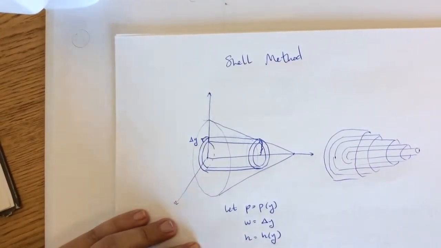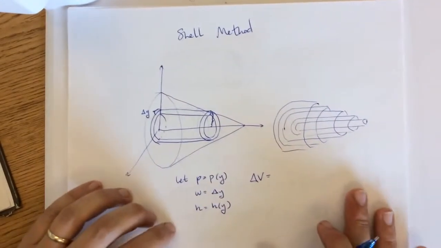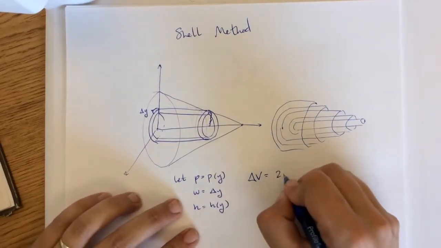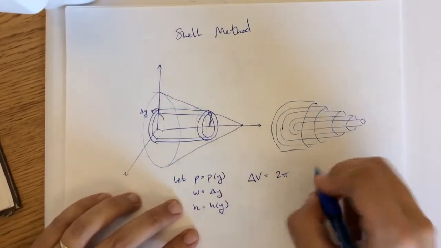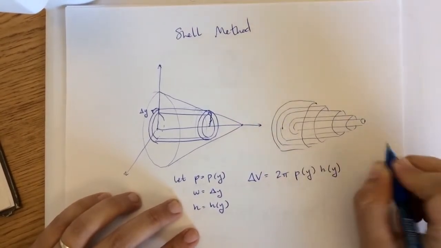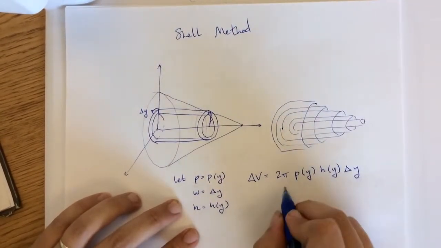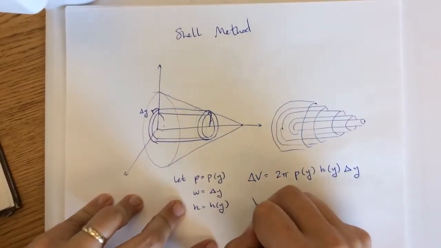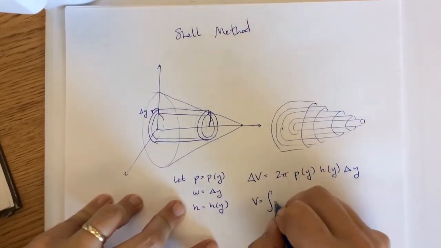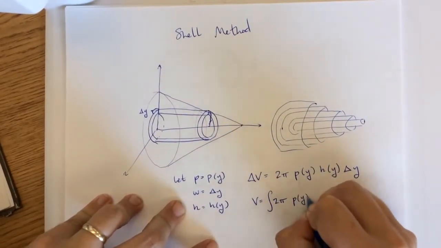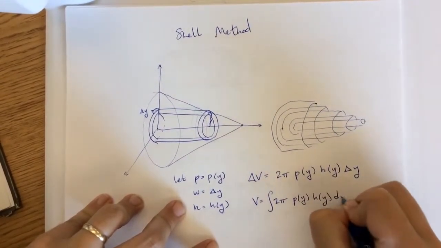Okay. And so the incremental change in volume that I'm going to be adding up to make my integral is going to be 2 pi times p times h times w. So I'll get 2 pi times p of y times h of y times delta y. And then if I add an infinite number of infinitesimally small increments, I get that my overall volume is going to be the integral of 2 pi times p of y times h of y with respect to y.